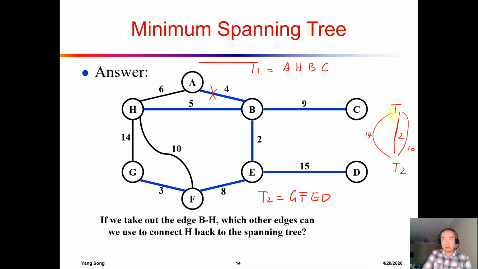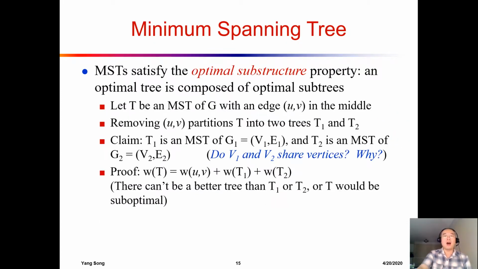So we have the 2, which is B to E, and then we have H to G, which is 14, and we have H to F, which is 10. So there are 3 ways we can connect T1 and T2, and then we pick the smallest value, and this is how we can connect 2 optimal sub MSTs together into an optimal MST.